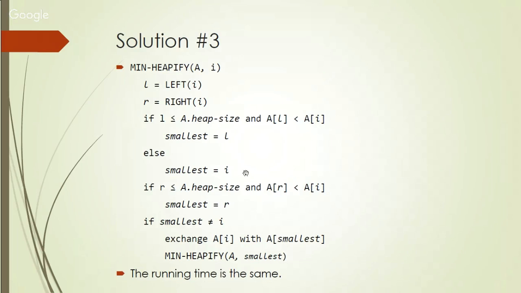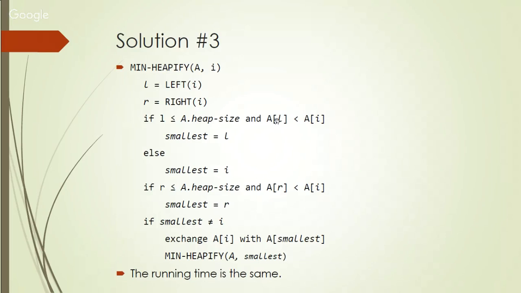So pretty much this is how it looks. Not so much different from MAX-HEAPIFY, but for MAX-HEAPIFY you have the comparison where it is greater than, not less than. So for min-heapify, we'll be looking at A[L] less than A[I], then A[R] less than A[I].